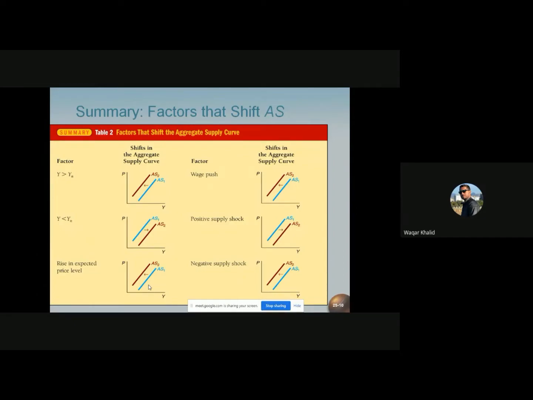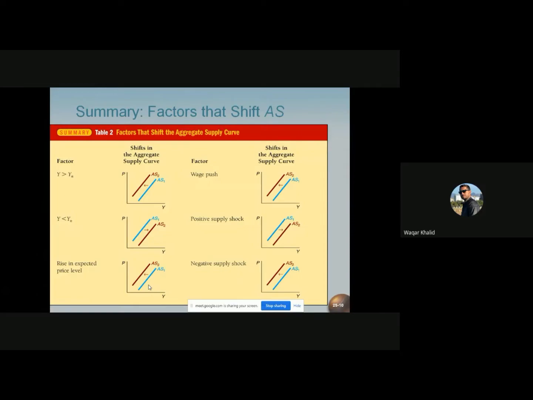It will lower the profit per unit of output at each price level and shift the aggregate supply curve to the left. Therefore, a rise in the expected price level causes the aggregate supply curve to shift to the left.